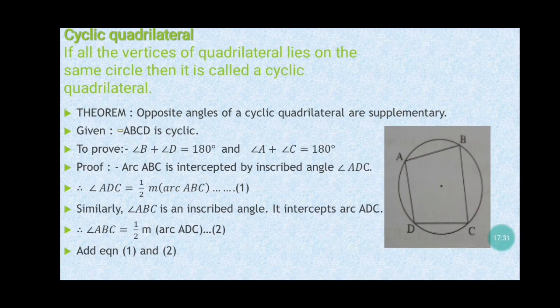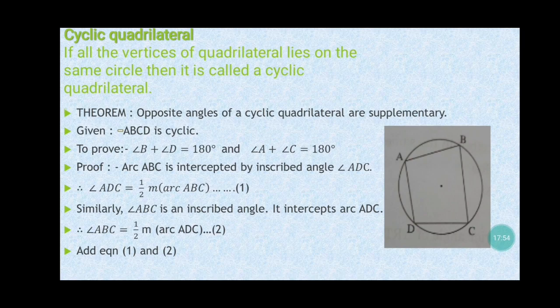Okay. We start with the proof now. In the proof, we have learnt about the inscribed angle theorem, intercepted arc, inscribed angle. So on the same line we have to move on. Arc ABC is intercepted by inscribed angle ADC.